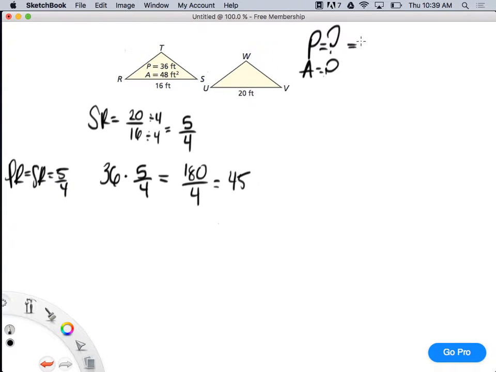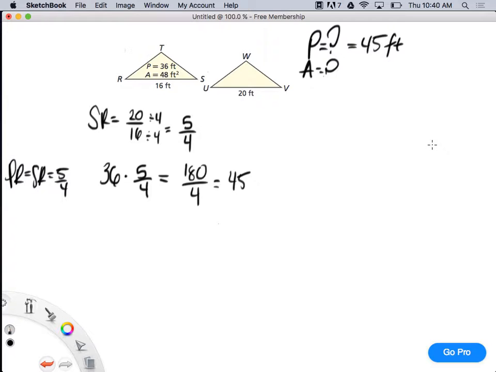So the perimeter equals 45 feet. Okay? That makes sense? So I found the similarity ratio. I know that the perimeter ratio is the same as the similarity ratio, and so I just multiply this perimeter to get the bigger perimeter. Any questions on that? Okay.